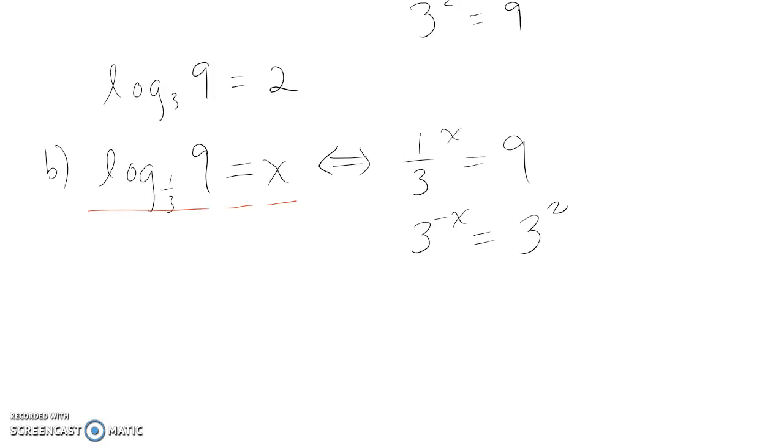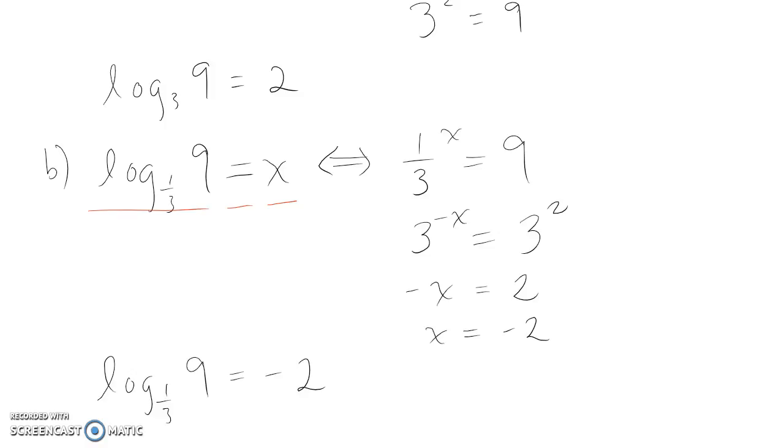Interesting. Now, notice, if I have two of the same bases that are equal, then their exponents must also be equal because these two expressions are equal. So basically, we can just drop their bases, say that minus x is equal to 2, which means that x is -2. Okay? So basically, we're saying that the log of base 1/3 of 9 is equal to -2.